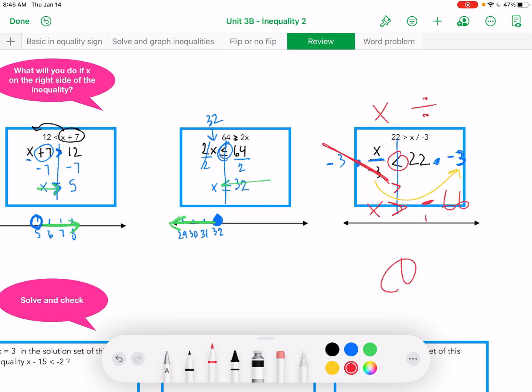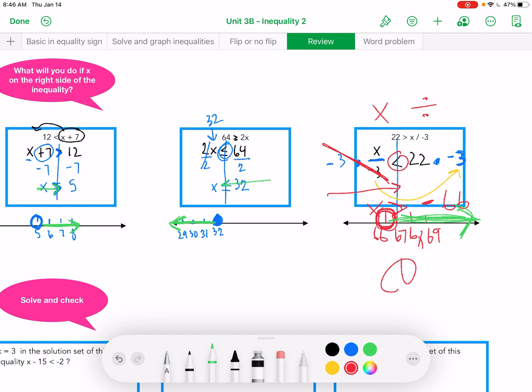So now I'm going to graph -66 on my number line. Okay, I'm going to put -66, -67, -68, -69. It is not equal to, so I'm going to keep an open circle. Remember, we had to flip our inequality, and now it's pointing to the right.